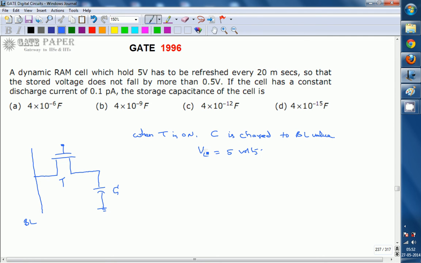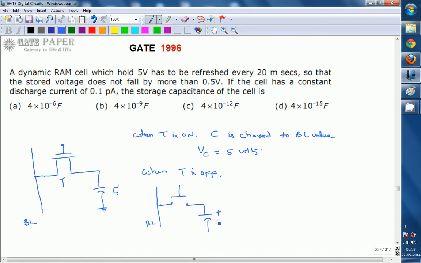But when the transistor T is off, the drain and source are no longer connected, whereas the capacitor is connected to the bit line.